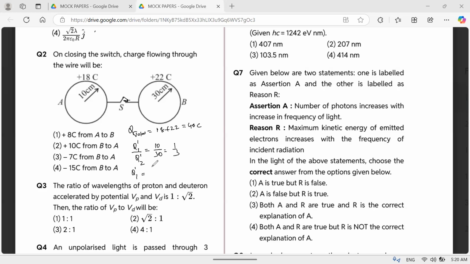Q1 is equal to Q2 by 3. What will be the answer?